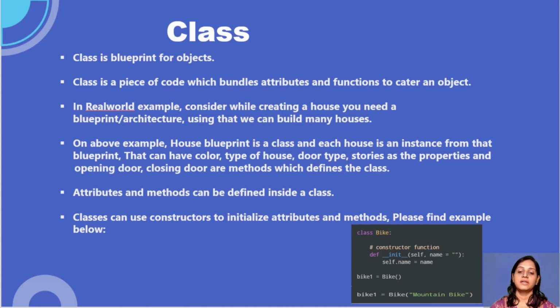Constructors are there to initialize the attributes and methods. Whenever a program calls, the object is instantiated, and the first function that gets called is the constructor. That is the fundamental of that.